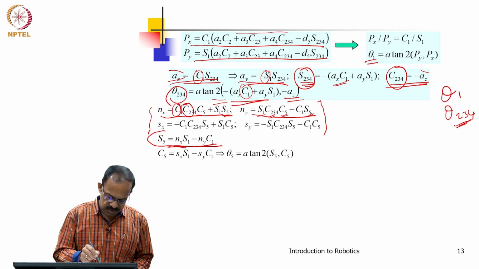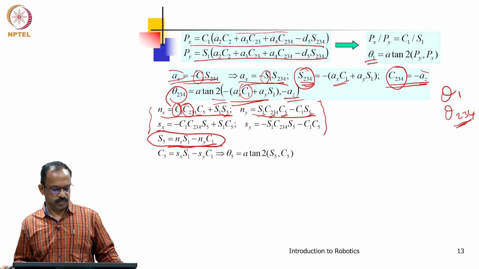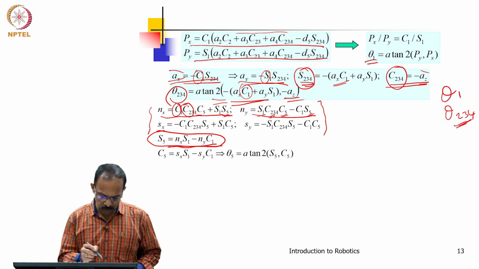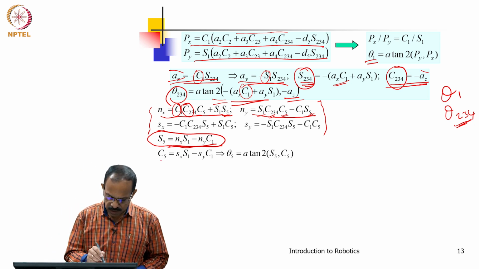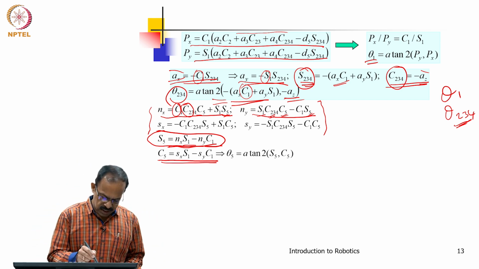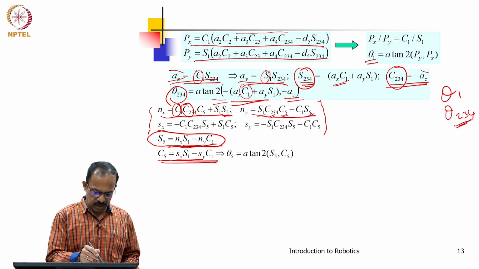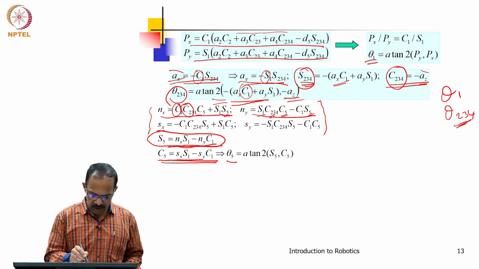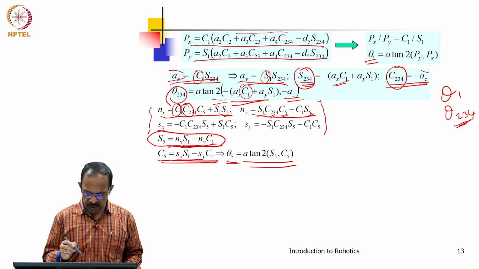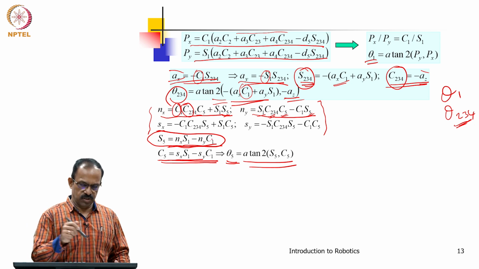So, S5 is Nx S1 minus Ny C1, and in the same way, substituting Sx and Sy, you get C5. So, you get S5 as this and C5 as this, and since you know Nx and S1, you can easily find S5 and C5. Therefore, theta 5 can be A tan 2 of S5 and C5, where S5 is Nx S1 minus Ny C1.